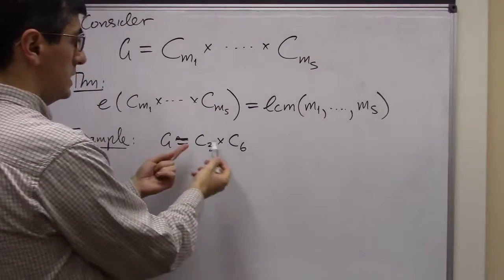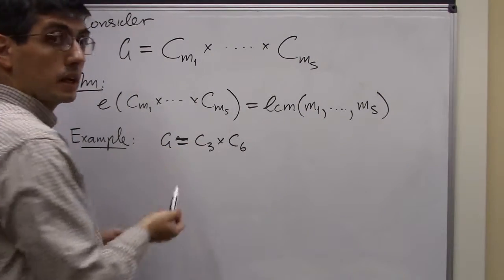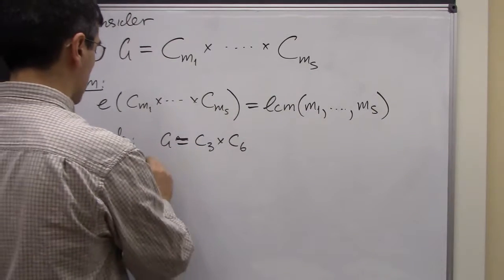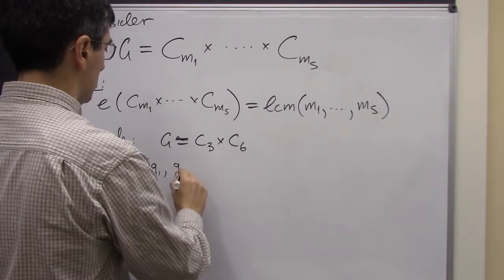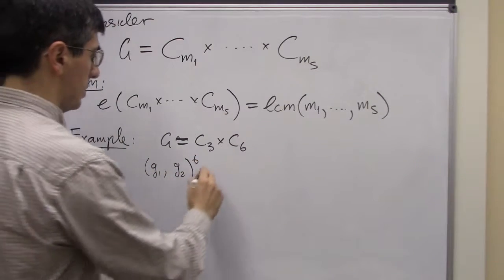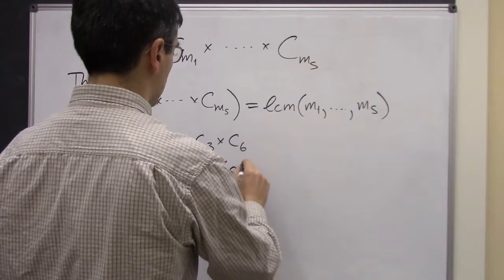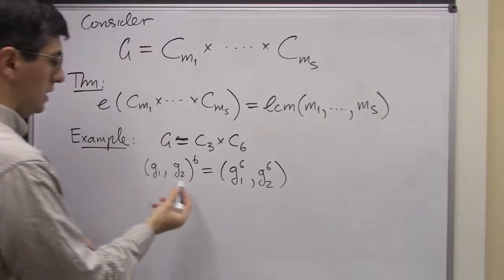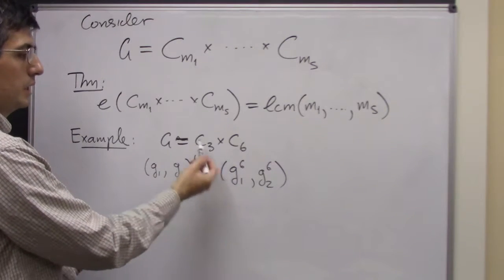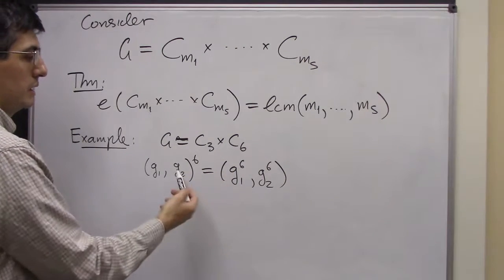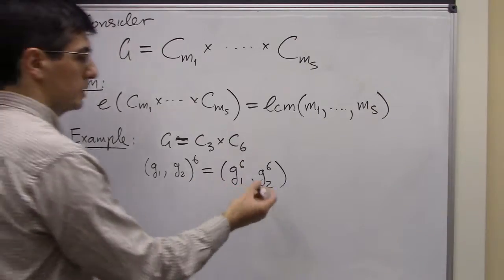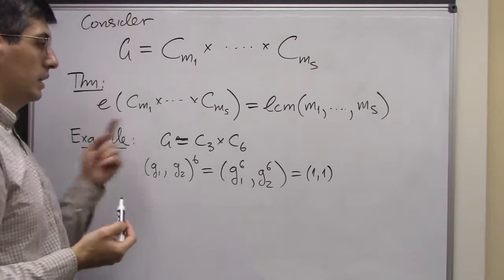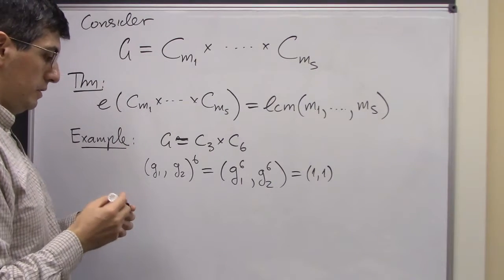So the LCM is of course 6, but if I take any element in this group, G1, G2, and I raise this to the 6th power, I will get G1^6, G2^6, right? And G1 has order dividing 3, so this is 1, and G2 has order dividing 6, so this is also 1. So I get 1, 1, which is the identity in this group. All right.